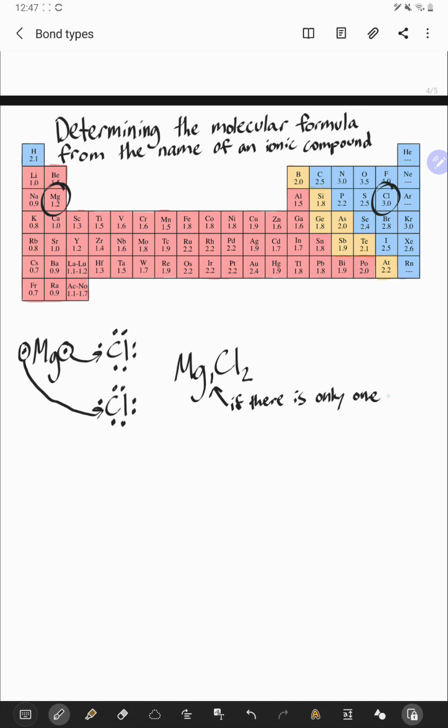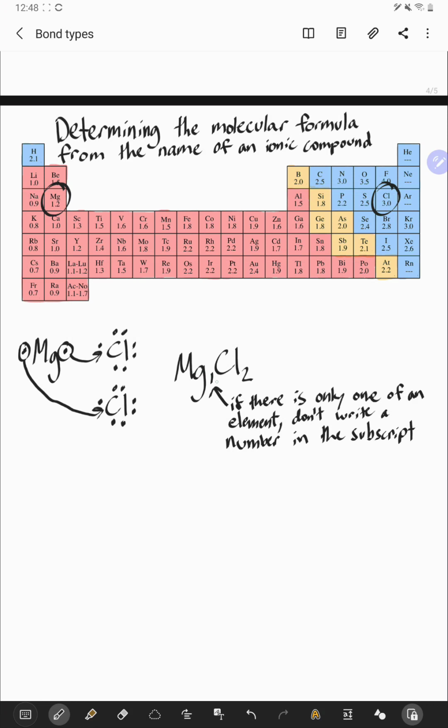If there's only 1 of an element, don't write a number in the subscript. So if I haven't made it obvious, the number in the subscript designates the number of each element.